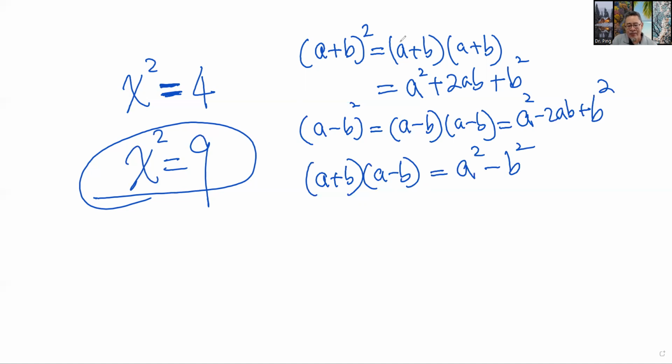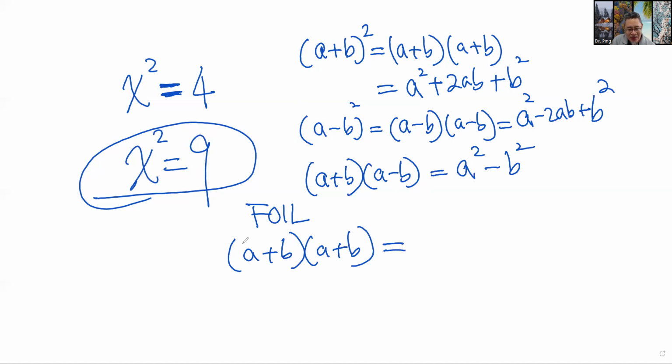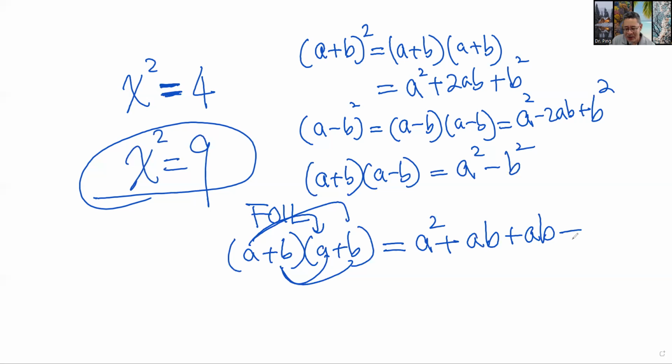Okay. If you sometimes don't remember exactly, you can still work it out, because what is (a plus b) times (a plus b)? Remember the FOIL we talked about before? Okay, so that means a times a is a squared. Then a times b is plus ab. Then plus b times a, which is the same as a times b. Then b times b is b squared.